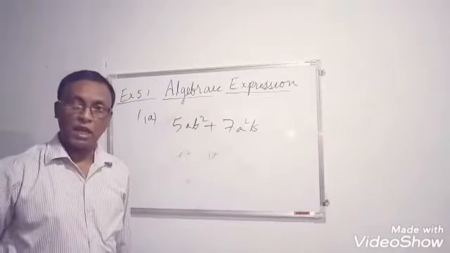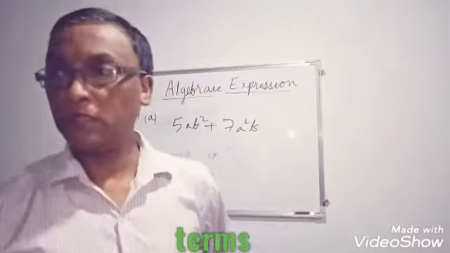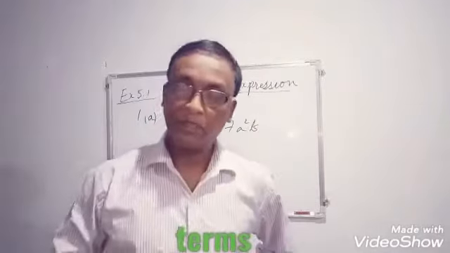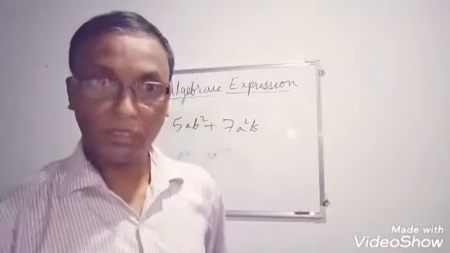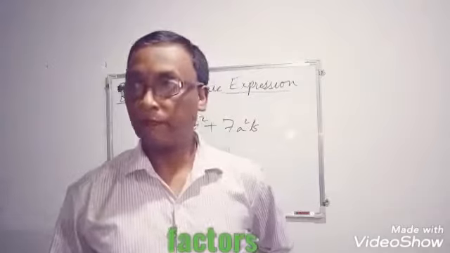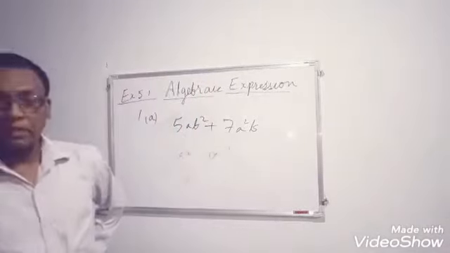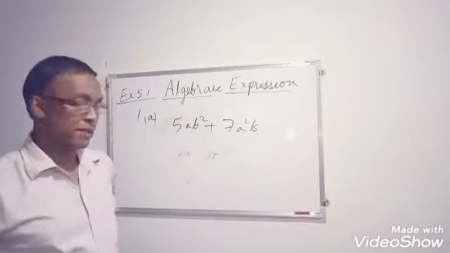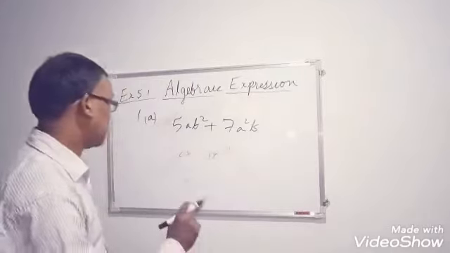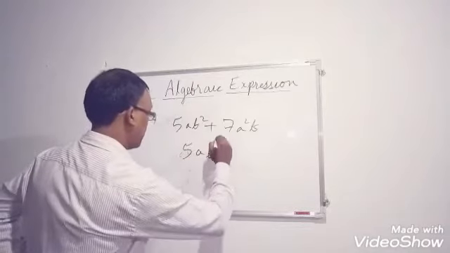The question is: identify the terms and factors in the following expression. What we have to find out? Question 1a, identify the terms and factors in this expression, 5a squared b plus 7a squared b. So I'll note down the terms.